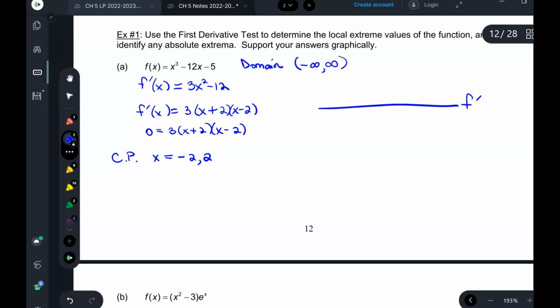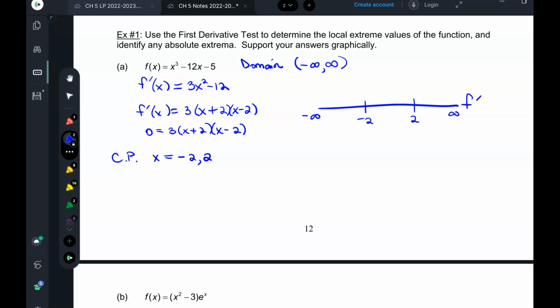I'm going to label that f prime. I don't have any endpoints, so I'm just going to put negative infinity to infinity. And I have 2 critical points, so I'm going to put negative 2, positive 2. So I have 3 intervals that I want to consider. There's a reason why I like to have the derivative in the factored form. It just makes it a lot easier. You can plug it into here as well.